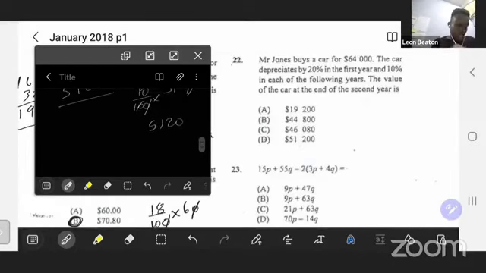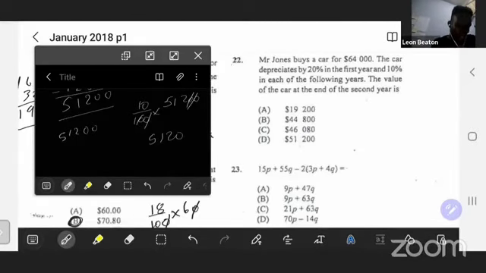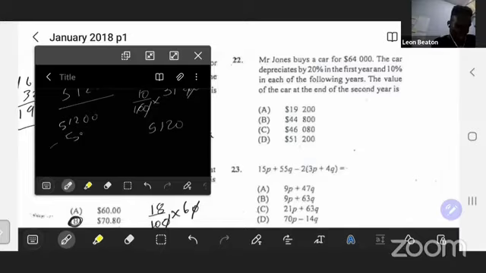So we got to subtract 51,200 minus 5,120. This 0, that 0, this 2, so we'll have 10, 2 subtract 10 will be 8. 1 from 1 is 0.